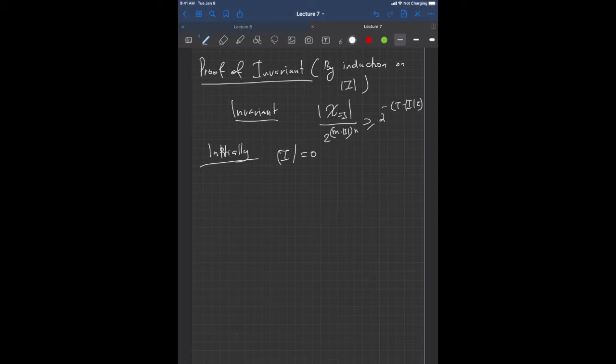So when cardinality of I is equal to 0, what is this invariant? What is x minus I? X minus I is just x minus the empty set, which is just x, right?